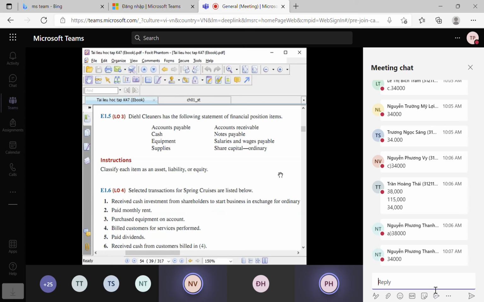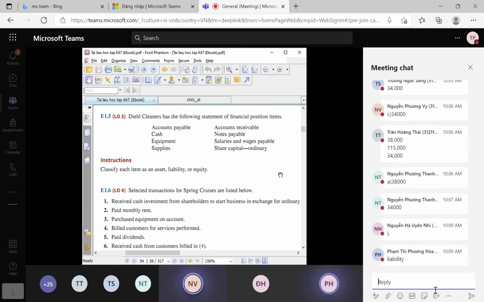Accounts payable means, for example, I buy something from the seller, and the seller does not receive any amount from me. So it means that I do not pay the amount. So I will call it accounts payable. This means the money to pay the supplier. And this is, that's right, Nguyên Nhi, liability.